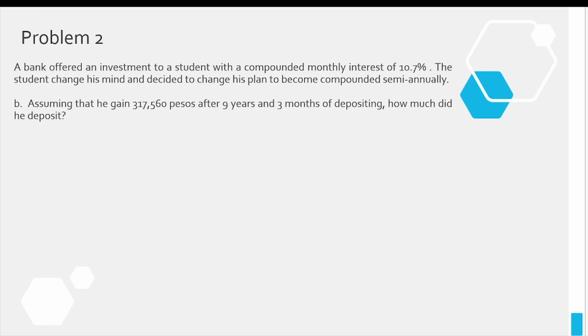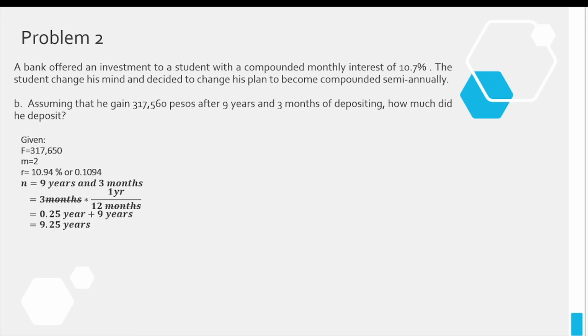Next, assuming that he gained 317,560 pesos after 9 years and 3 months of depositing, how much did he deposit? We have the given values: F is equal to 317,560 pesos, semi-annually m is equal to 2, the nominal rate r is equal to 10.94%, and we need to convert 9 years and 3 months of depositing into years.